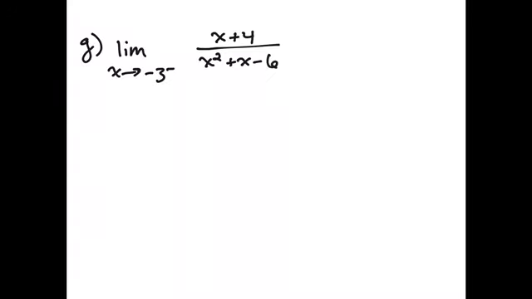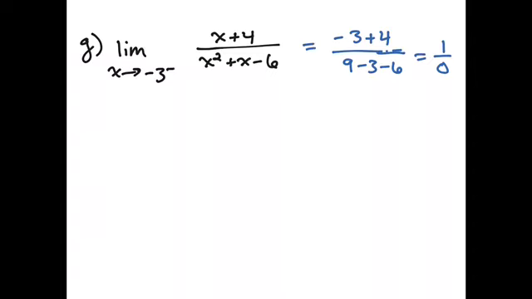Okay, if I try direct substitution on this, when I plug in a negative 3, we're going to get negative 3 plus 4 over negative 3 squared would be 9, minus 3 minus 6. That's 1 over 0. So it's going to be a vertical asymptote.